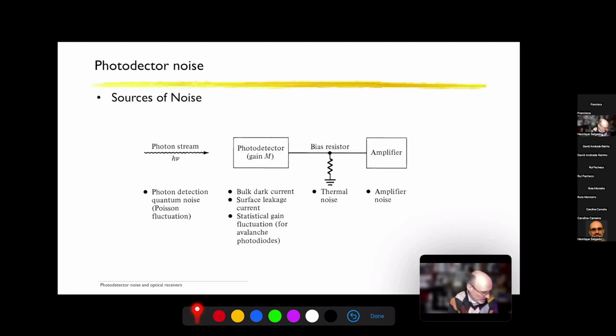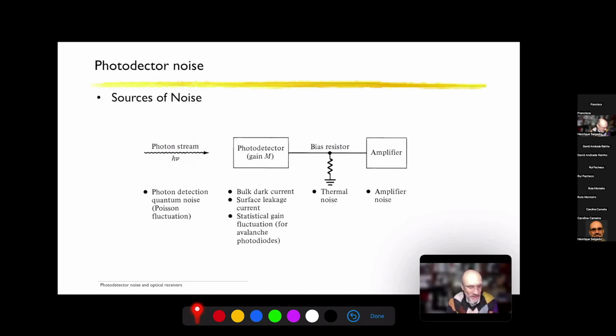First, as you see here, we have a stream of photons being transmitted, which hit the photodetector.